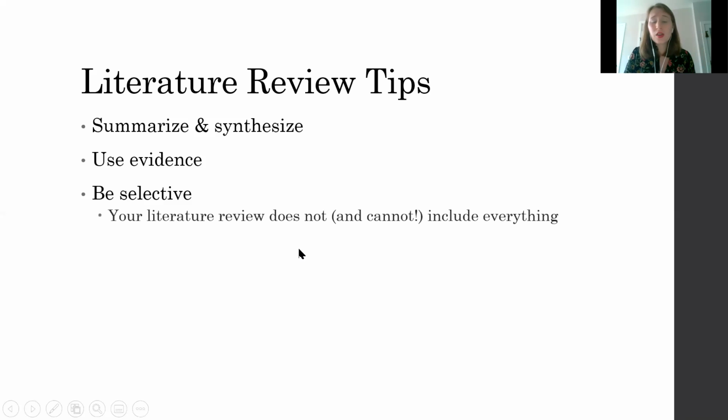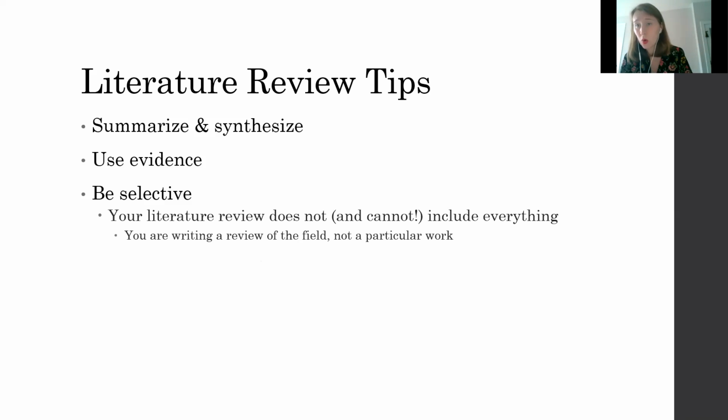Your literature review does not and cannot include everything from everyone, so you have to be selective. It's also important to remember that you are writing basically a summary of the entire field, not a particular work. You're not summarizing just author A, you're summarizing the entire field.